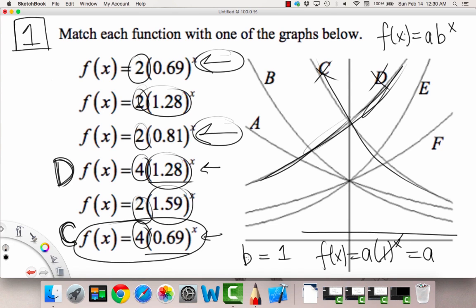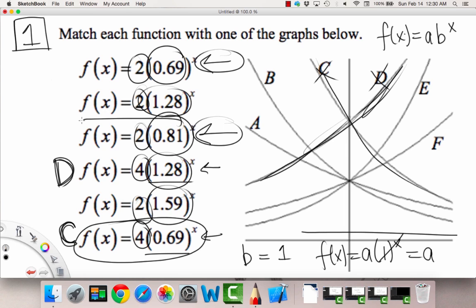Okay, so what we can take away is that when our b gets closer to 1, then we have a less steep graph going on, okay? So what do I mean by that? As b gets closer to 1, this 0.81 is closer to 1 than 0.69.